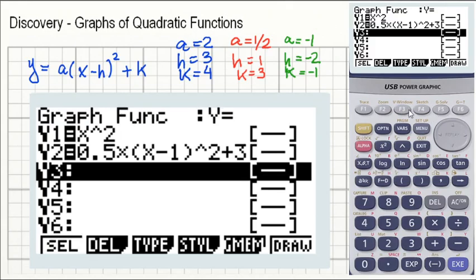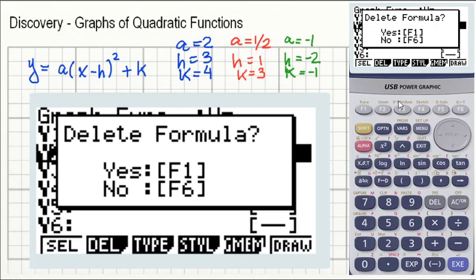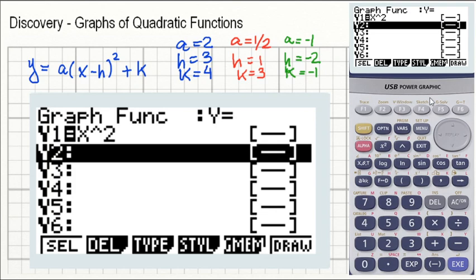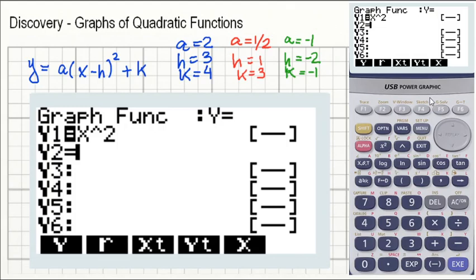So let's see. Let's delete this function here, and let's add our new function. So this is negative x, open bracket, x plus 2, close brackets, squared, minus 1, right?